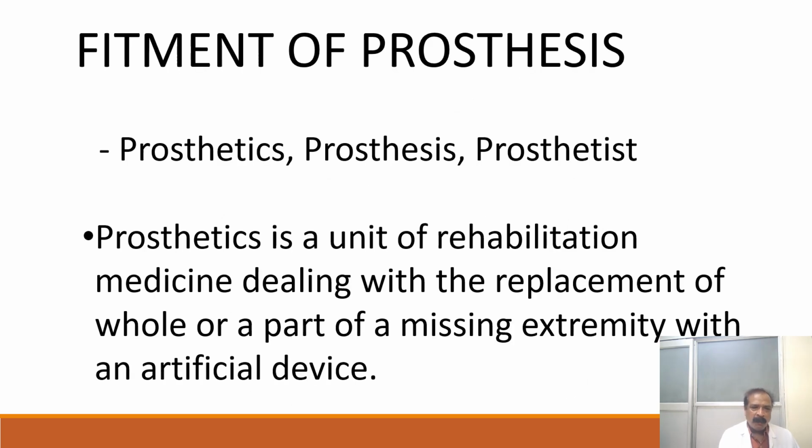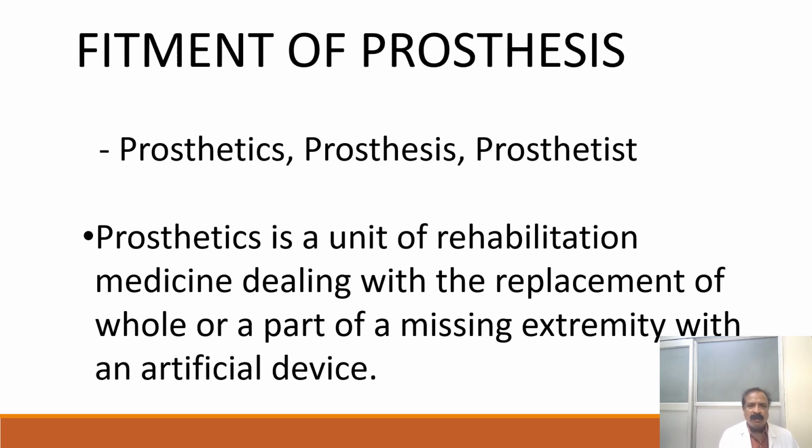So coming to the fitment of prosthesis: prosthetics is a science in which fitment of prosthesis, the technology, everything is taught. Prosthesis is the device known as prosthesis. A prosthetist is the person who is qualified to prepare a proper prosthesis.